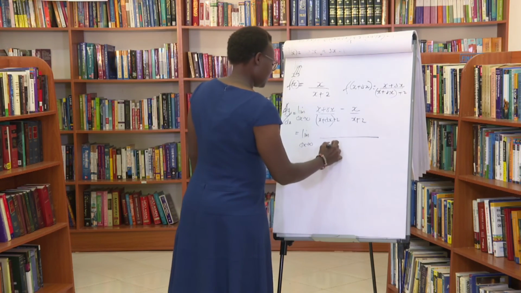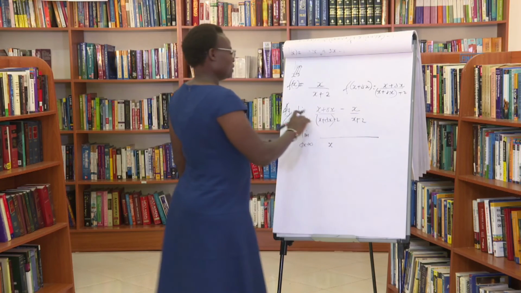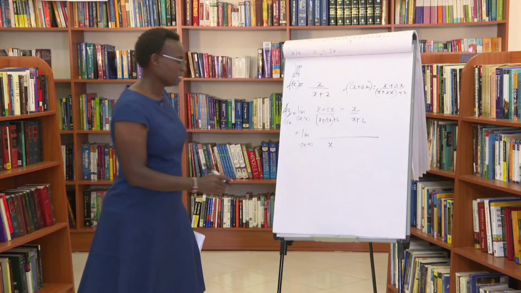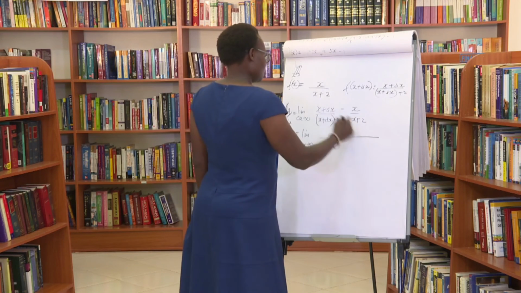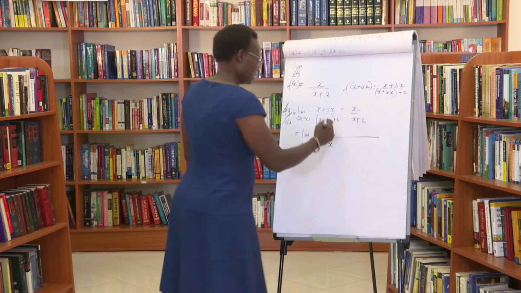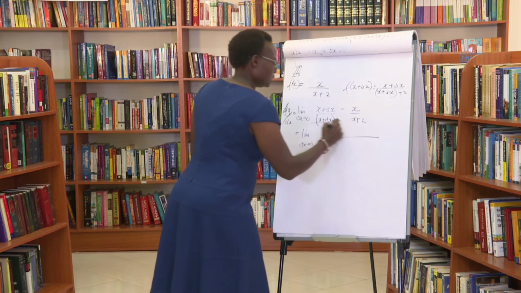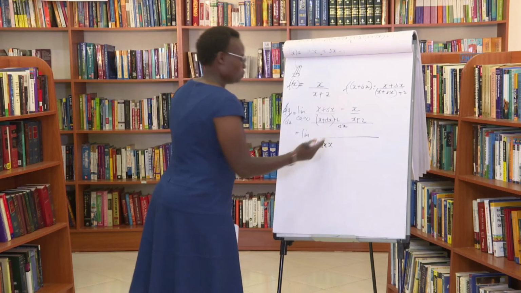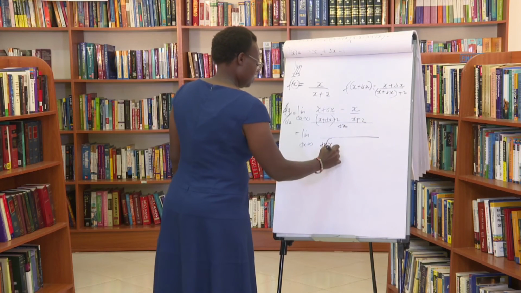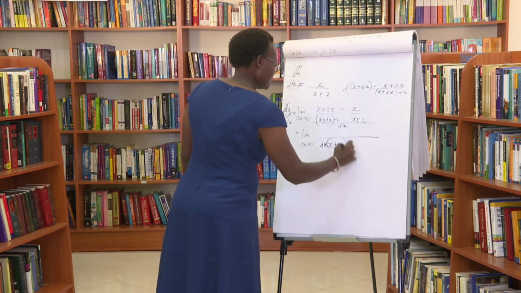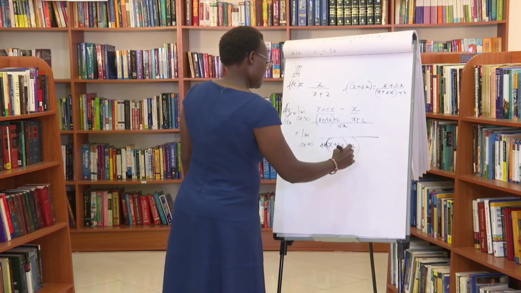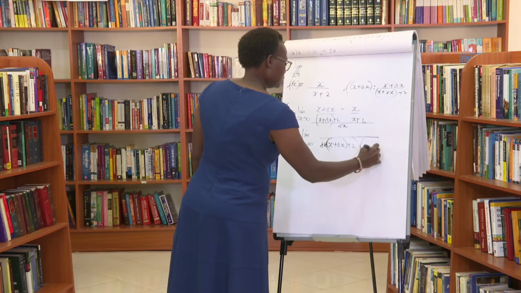The only thing is that we are supposed to put it all over change in x. So all over change in x is the same as multiplying by 1 over change in x. So I can write it here, over change in x. That's the same as putting it down there. And then our LCM is going to be x plus change in x plus 2, and then into x plus 2.